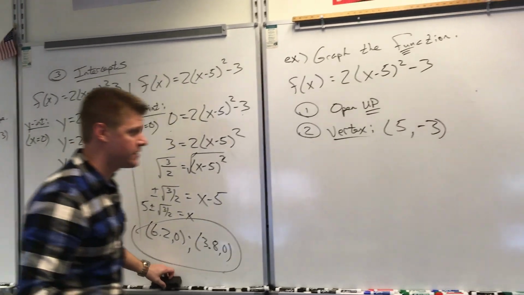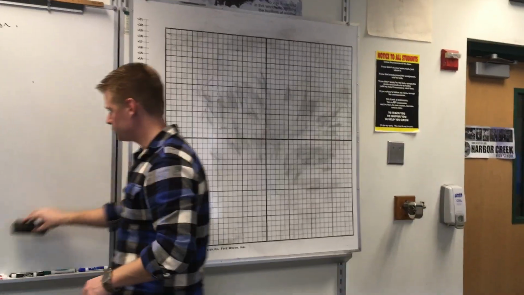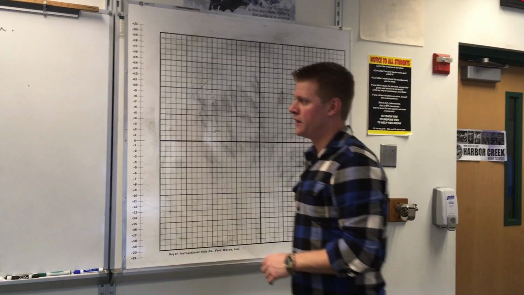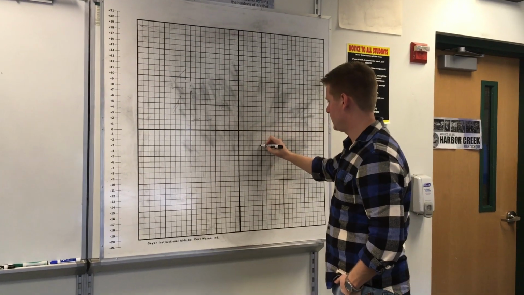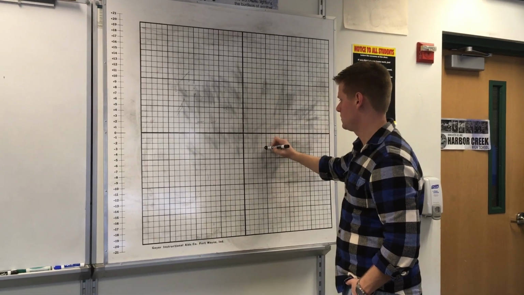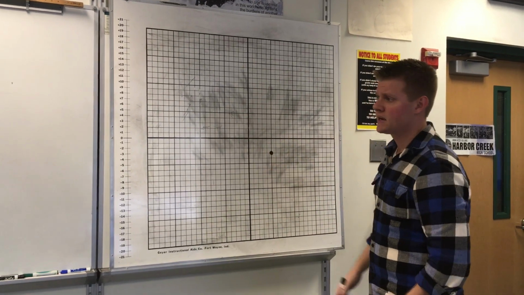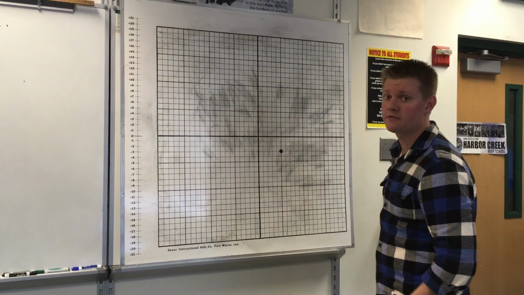So to finish this off, to see what our graph would look like, our initial point is 5, negative 3, our vertex, so right 5 and down 3. Okay. Next, we had a y-intercept of 47, which my graph does not go to.